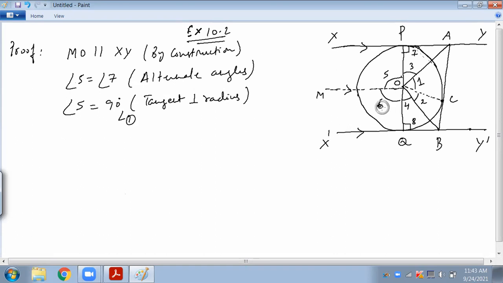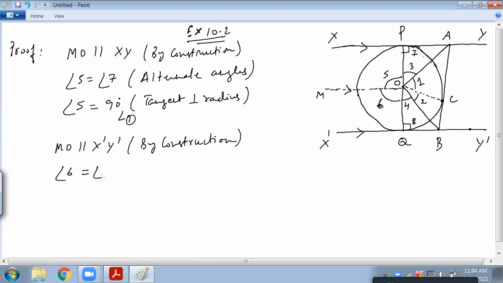Then again, MO is parallel to X'Y' also by construction. So angle 6 equals angle 8, alternate angles.